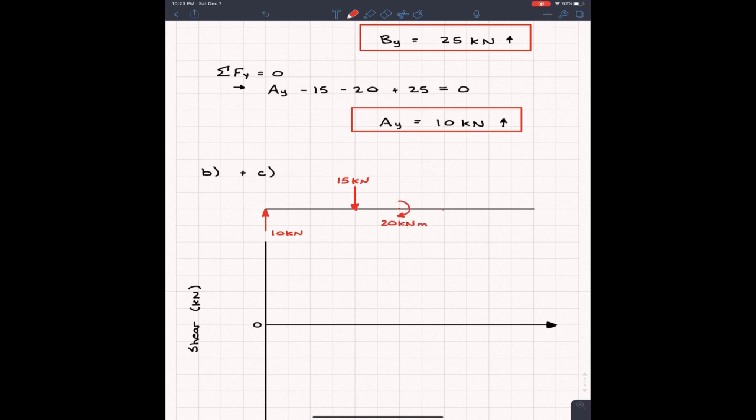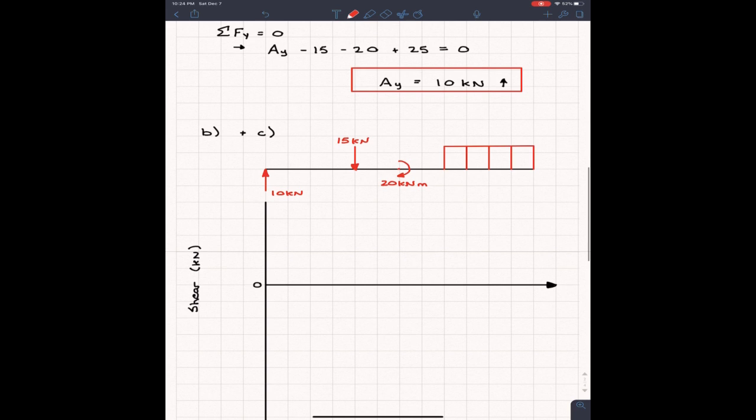And then finally, near the end of the beam, we have a distributed load that comes across nicely across the beam like this. And I don't care about where F1 is or what F1 is, because when I'm creating these diagrams, the only thing I'm going to be interested in is the slope. And the slope here is going to be 10 kilonewtons per meter. Or you could say the slope or the magnitude.